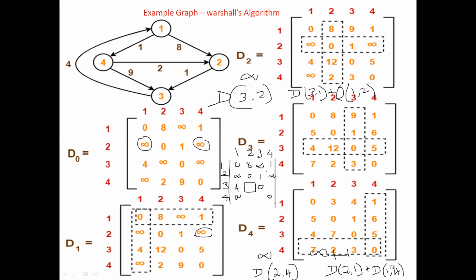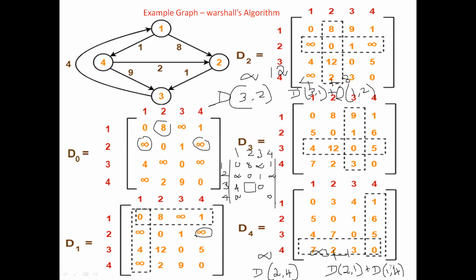D of 3 comma 1 is 4. Then D of 1 comma 2 is 8. So here it is 4 plus 8, 12. So I will compare the infinity with the 12.